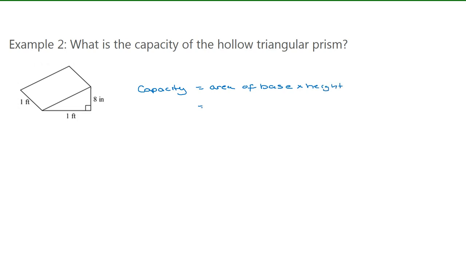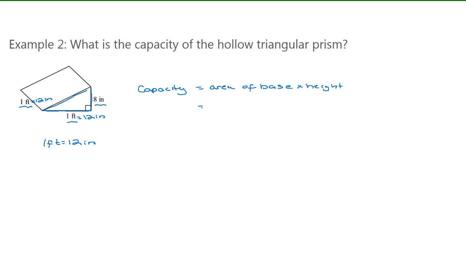Here the base is a triangle, and what I notice is that the height is in inches and the base and the height of the triangular prism are given in feet. We know that 1 foot is equal to 12 inches. So let's make this equal to 12 inches and this equal to 12 inches, so all the units are the same.